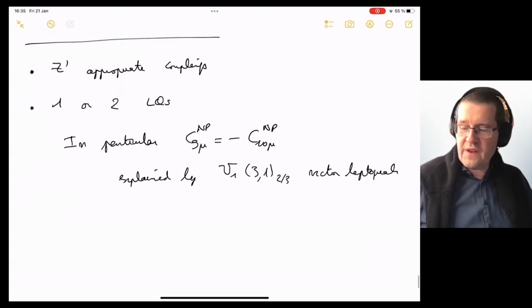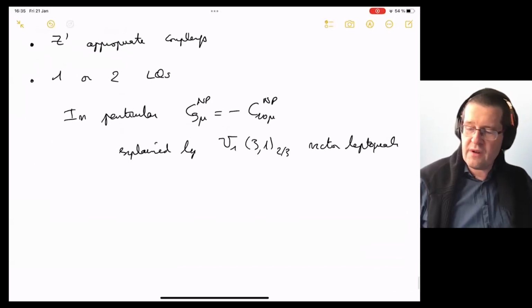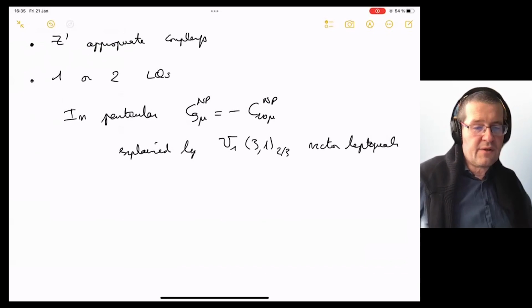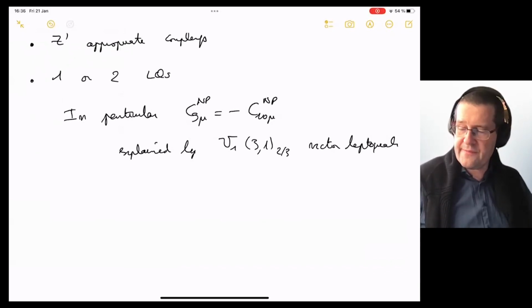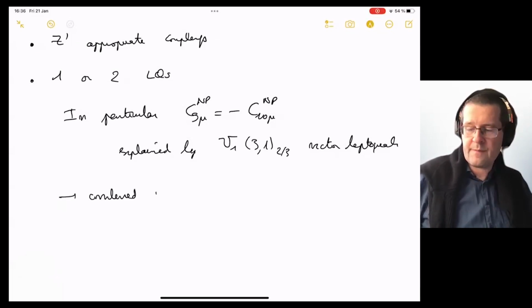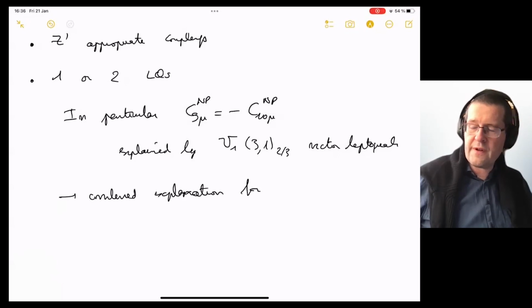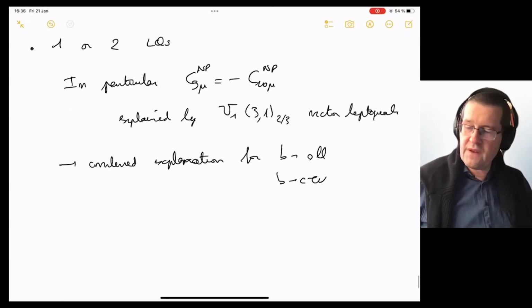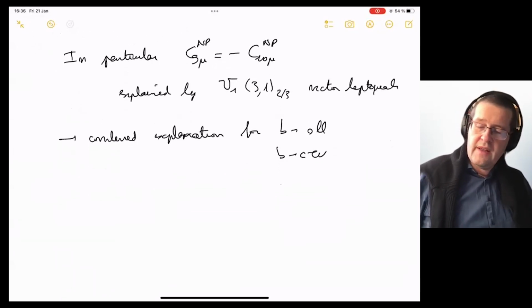So you can think of embedding this leptoquark in a larger new physics model in order to get a combined explanation. That opens the possibility of a combined explanation for B2S LL and B2C tau nu. I will not dwell too much on that, but that's something that indeed is possible.